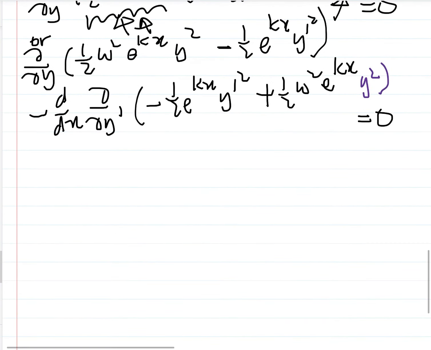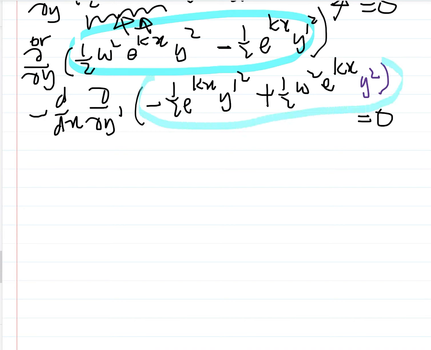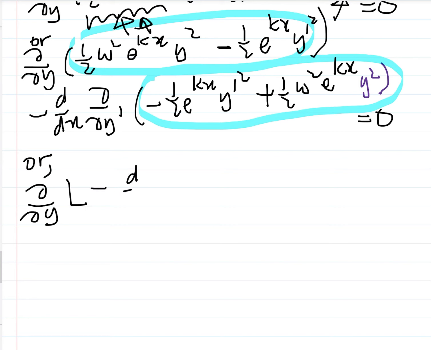Okay. So now look at this last form. You notice that what I have there is the same as what I have here, and I'm going to call that L. So I get d by dy of L minus total derivative with respect to x, partial derivative with respect to y dashed of L is equal to 0.